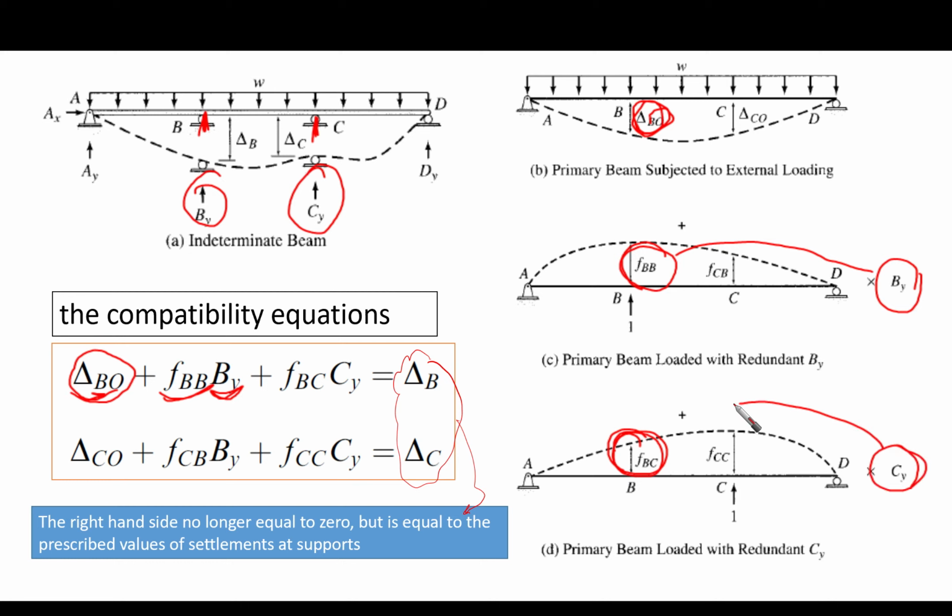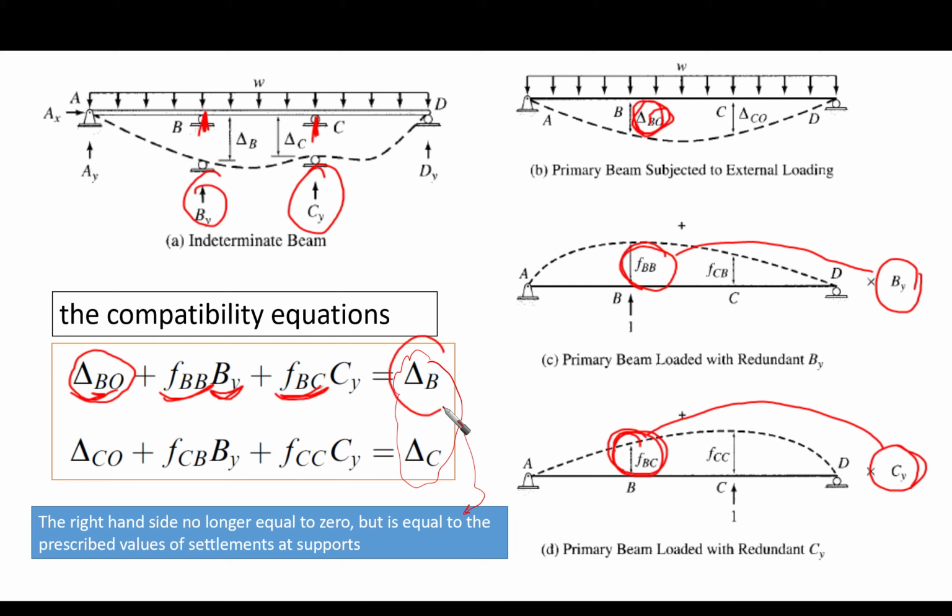We multiply them together in order to counteract the main effect of the external loading, right? So here FBC, which is this one, and this is CY, which is this redundant. Then they should equal, yes, here is the point.